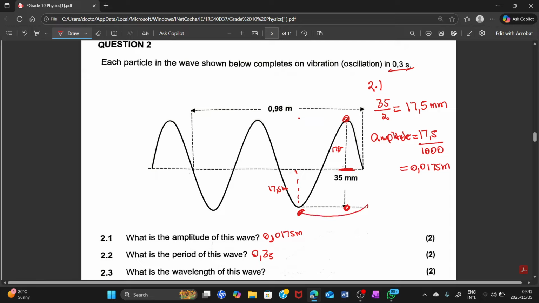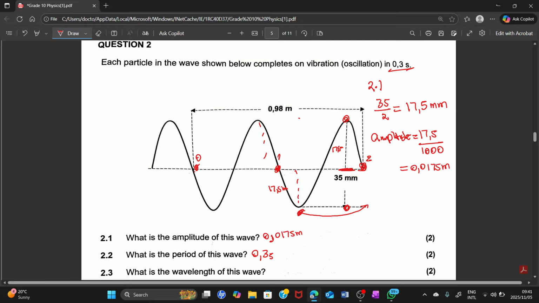This is the wavelength, or it's from where the wave starts and completes. Let's say from this point up until this point. You see, that's a complete wave. Another complete wave is up until here. This is, let me say, 0, 1, 2. So which means you have two waves.